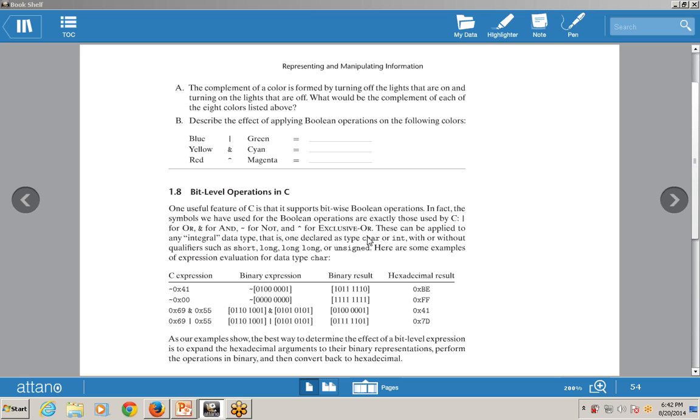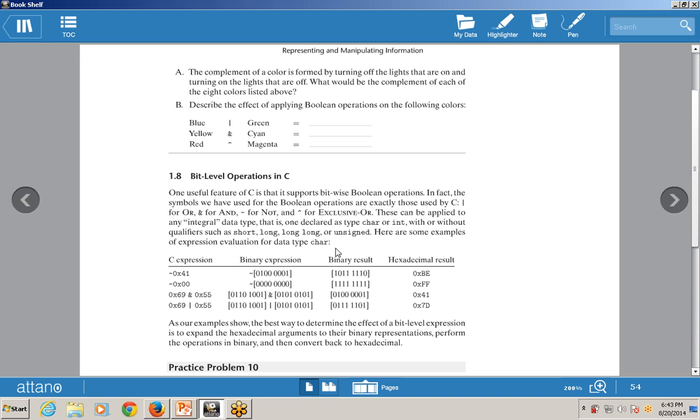This can be applied to any integer data type, that is one declared as type char, int, with or without qualifiers such as short, long, or unsigned. Means we can use the same Boolean algebra in C language also, which is known as bit level operations in C.